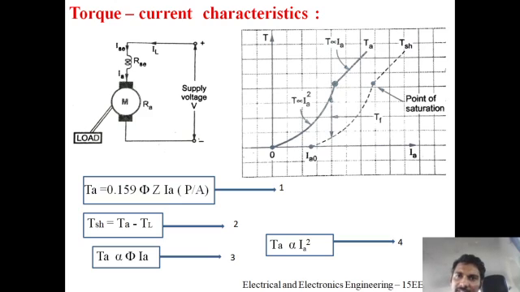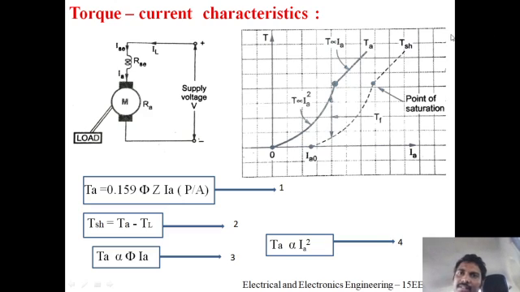After that point, the torque increases linearly because of saturation of the core. Therefore, it produces a high starting torque. If you observe the characteristics of a DC series motor, it produces a high starting torque because the torque is directly proportional to the square of the current.